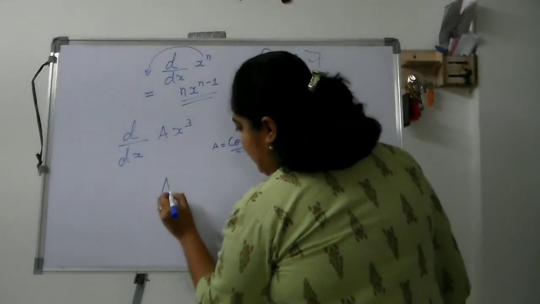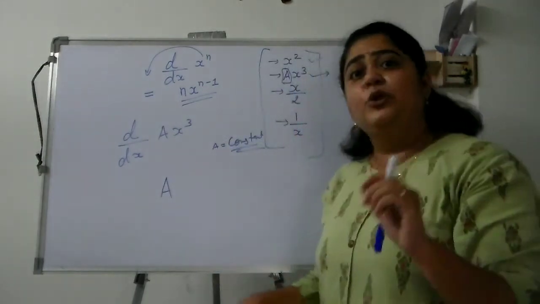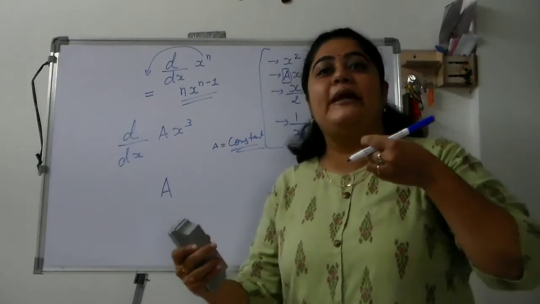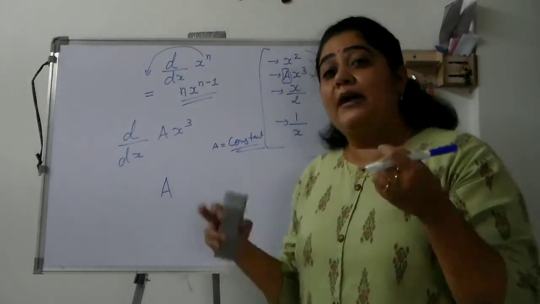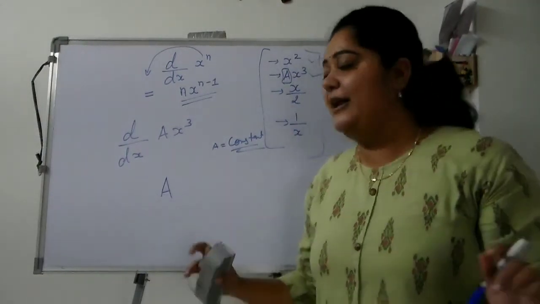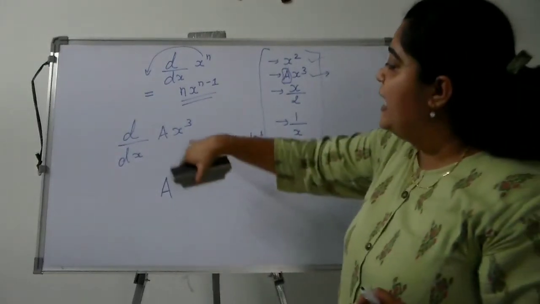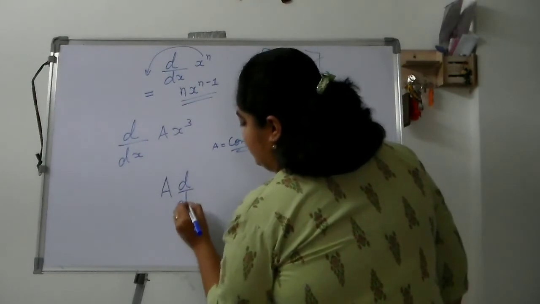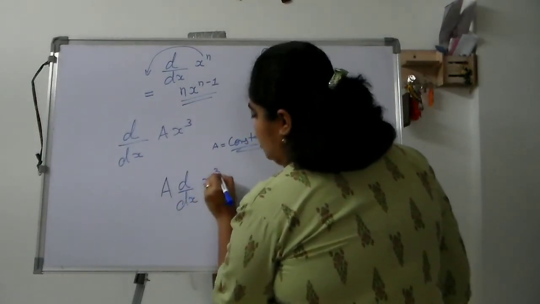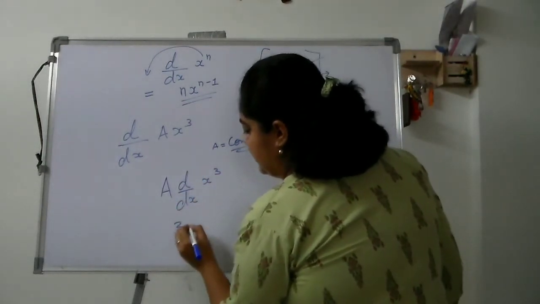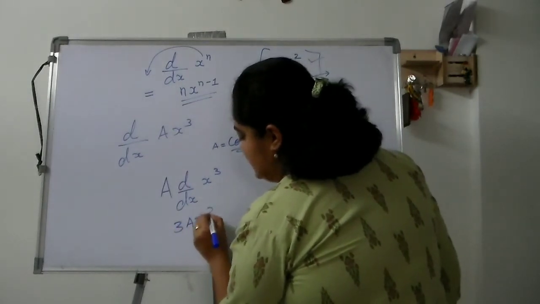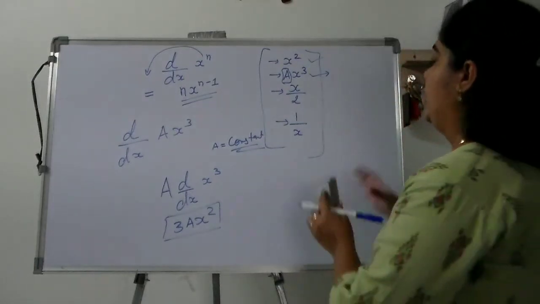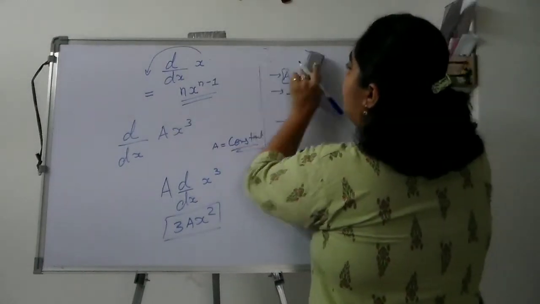So constant will remain as it is, because you cannot differentiate a constant. Because for differentiation it means you have to make some changes. But a constant will never change its value. So the constant remains as it is, and for x cube, d by dx of x cube will be nothing but 3ax square. Is this clear to us? Very good.